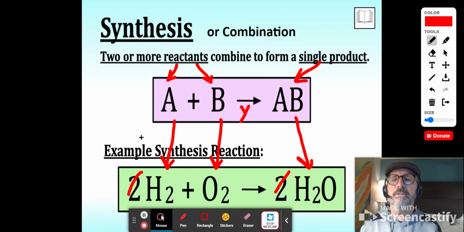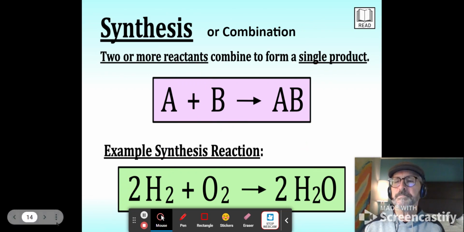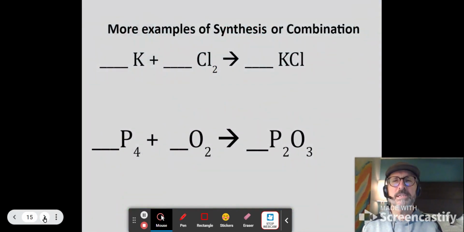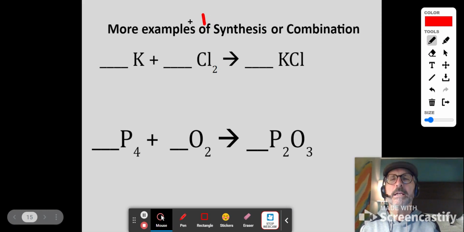You could also have a compound and an element to form one single product. You can have both, and I'll show you an example of that. But this is how they look, and you're trying to identify these. So these are not balanced, but you can see if I give you the form A plus B equals a simpler product AB combined.